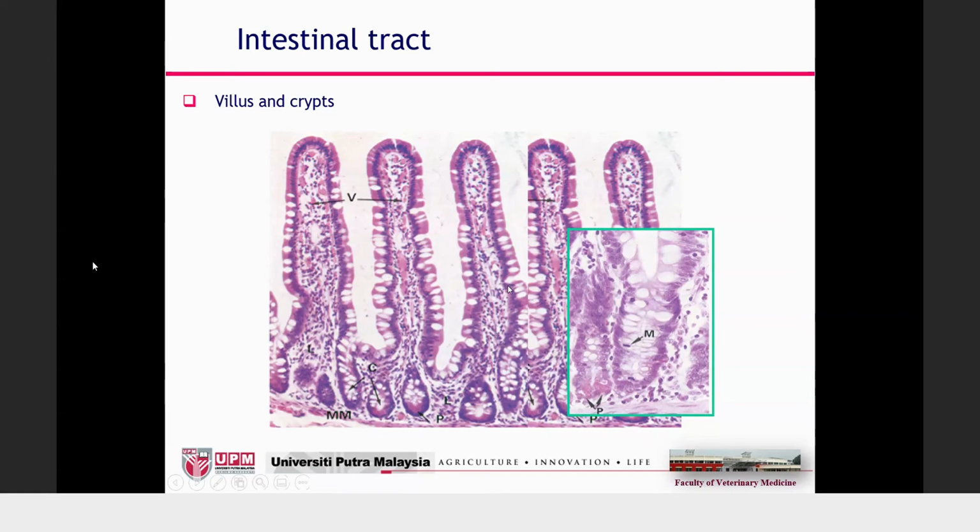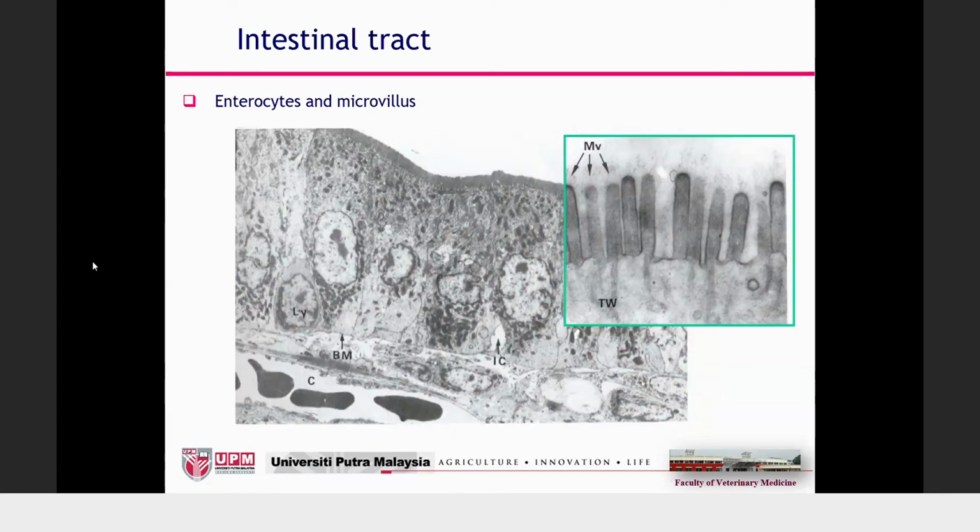And when you look under scanning electron microscopy, where they cut the tissue, what you can see here is an enterocyte, the lining of the villi, with the nucleus. And to further increase the ability and capacity of the villi for absorption, we have what we call microvilli. Okay, so this is the microvilli.